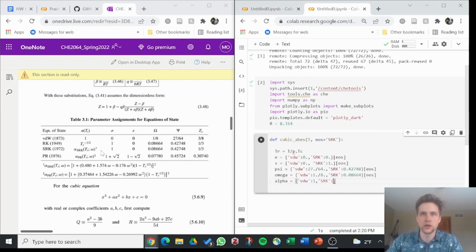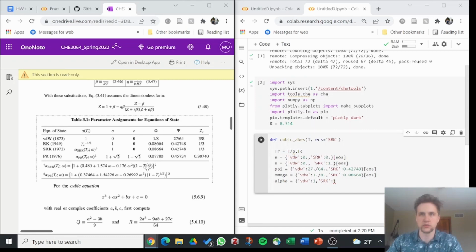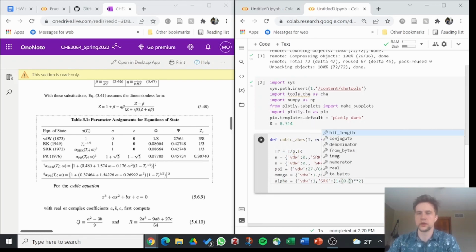Let's see here. For SRK, we've got a little subscript saying to look down here, here's the whole equation. The whole equation is going to be squared, so let's get that square out there to start, and then work our way through it. So 1 plus 0.48 plus 1.574 multiplied by omega.